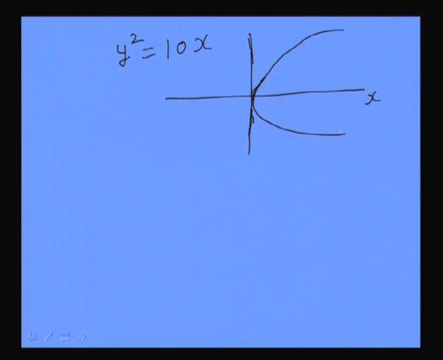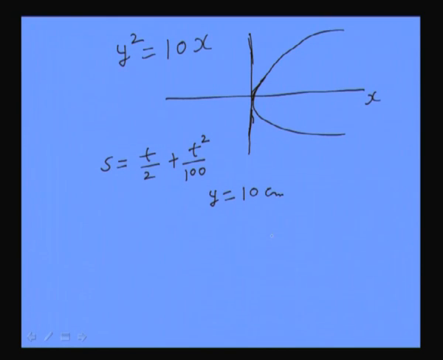Now, it has been told that s is equal to t by 2 plus t square by 100, and it is desired to find out its acceleration when y is equal to 10 unit, or maybe 10 centimeter.